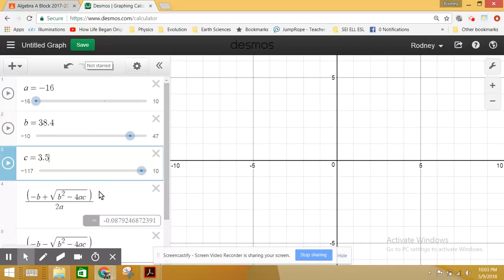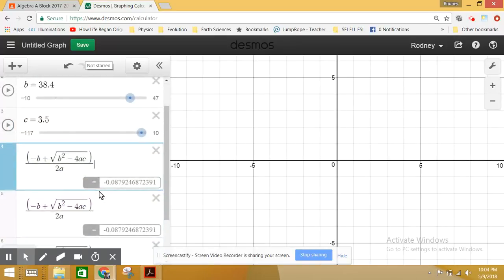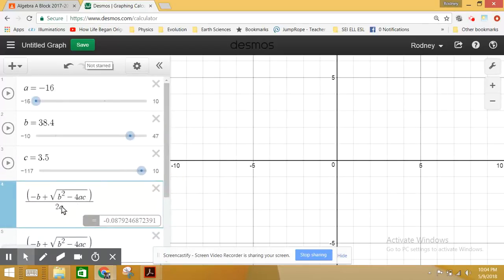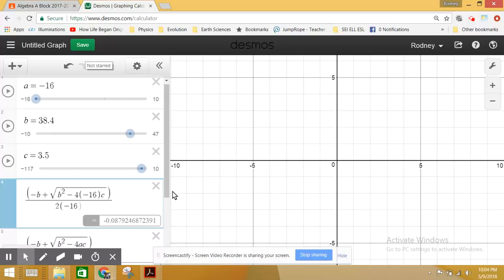So we can then take all of this stuff and plug and play. We know that our A continues to be negative 16. I'm just going to replace A wherever it shows up with negative 16. We know that our B is 38.4, and this also is 38.4, and then that's squared.